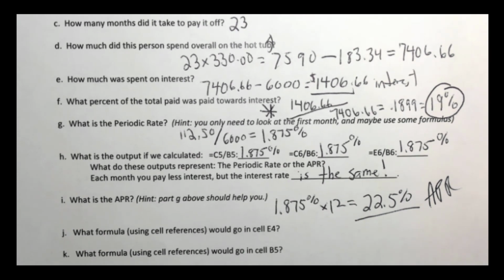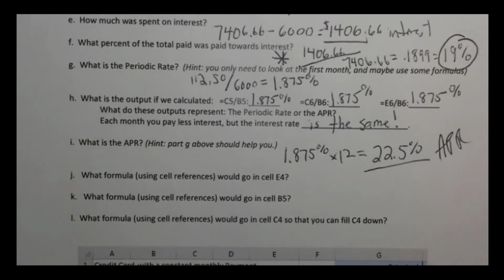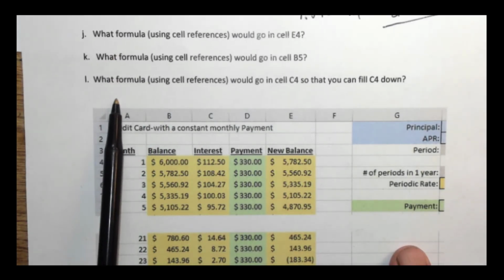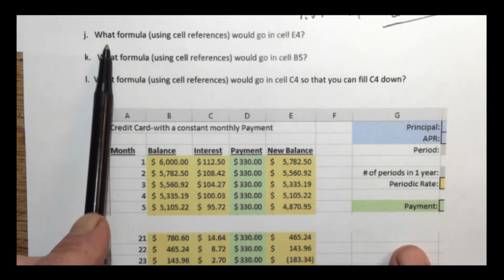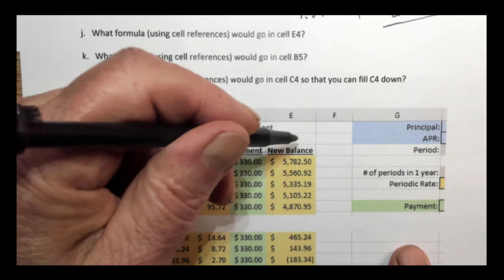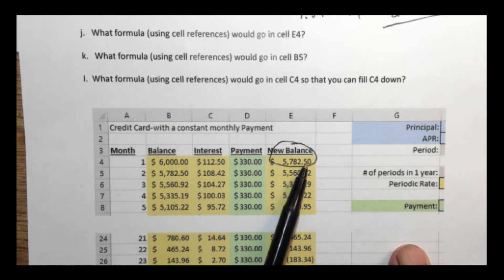So these last ones here, I can pull the sheet up and we'll do those. These are our last 3 questions in the hot tub. What formula would go into cell E4, which is right here? What's the formula in E4?